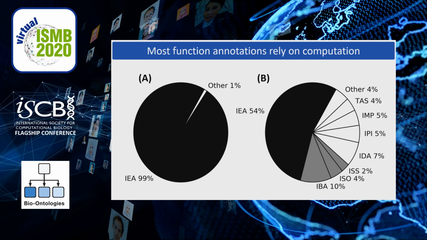Among model organisms such as human and mouse in Figure B, where experimental function annotations are more common, as shown in the white areas, there are still 54% IEA annotations in black, while another 16% are manually reviewed computational predictions in gray, such as IBA.